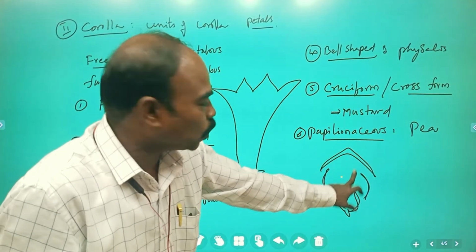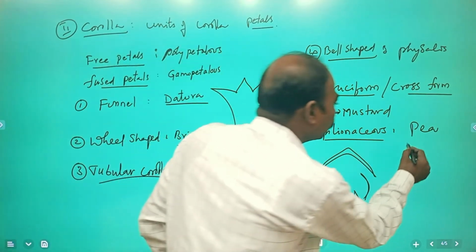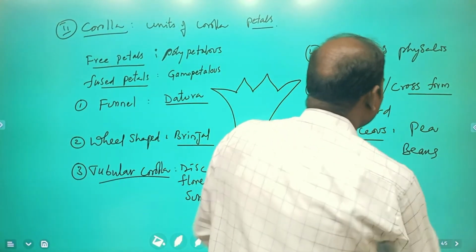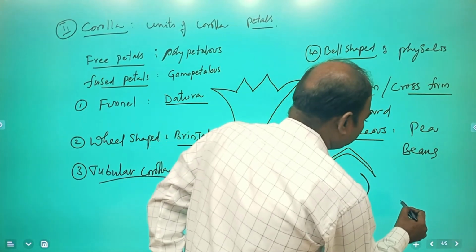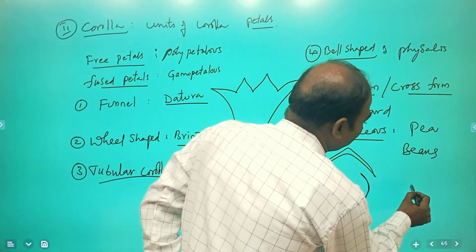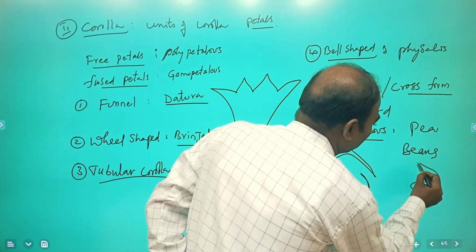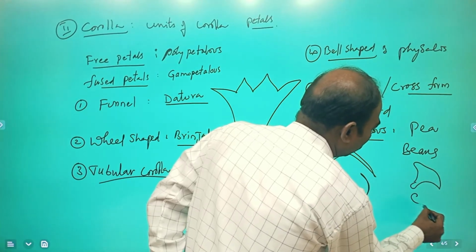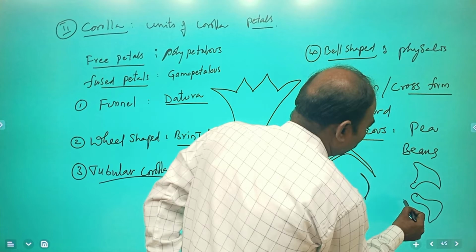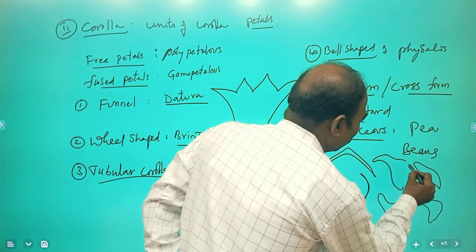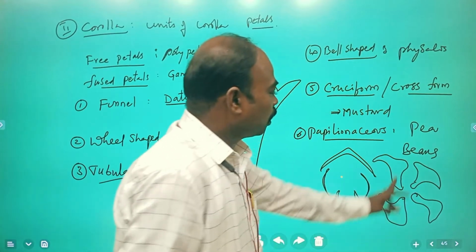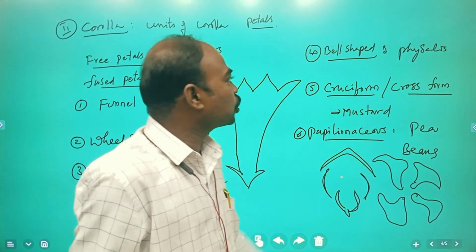And papilionaceous corolla is found in pea plants and beans. Cruciform or cross form. What is cross form? Let us see the cross form. Like this. Cross form corolla is found in mustard.